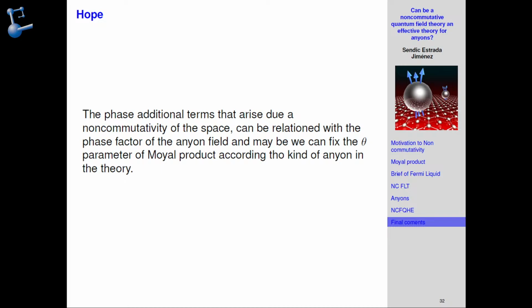This is the model that is constructed with my student. Here, playing with some models to try to relate these phase terms. Well, this is what I would like to explain to you. Thank you.